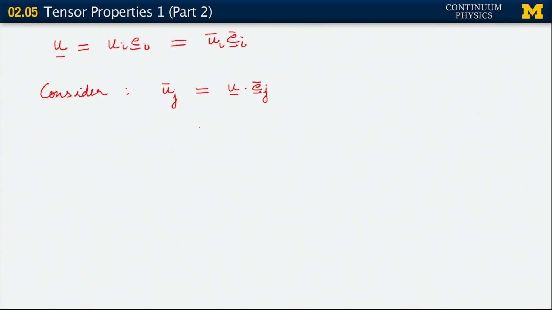But then we can express e bar_j in the original basis, the unbarred basis. We did that several times on the previous slide, and we will do that again. In particular, let me write that as Q_kj e_k.